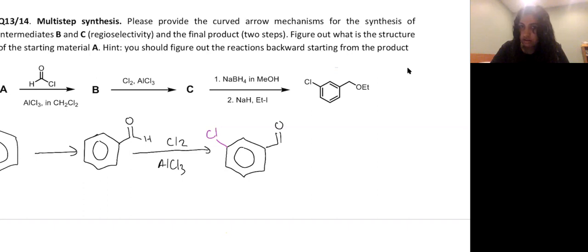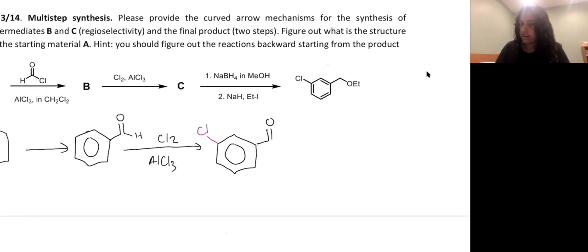Now he decided to bring back some reagents from chapter 12 and 11. So anyone remember what NaBH4 does? It reduces. The NaBH4 reduces the aldehyde into a primary alcohol.